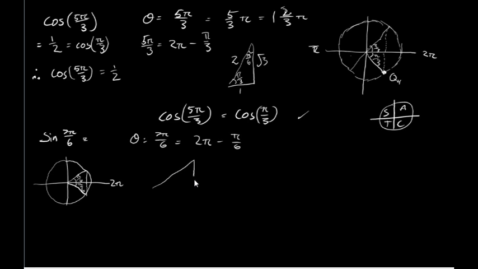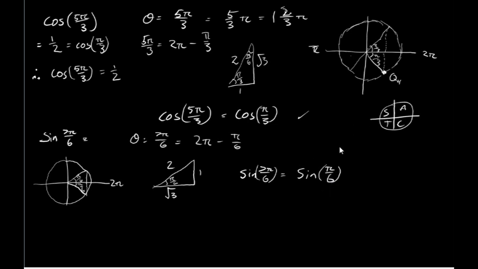And so if I draw it out a bit bigger, we've got pi on 6. And this length here, that's our exact triangle. So we've got square root of 3, 1, and 2. So because they're basically the same triangle, sine of 7 pi on 6 is going to be the same as sine of pi on 6.